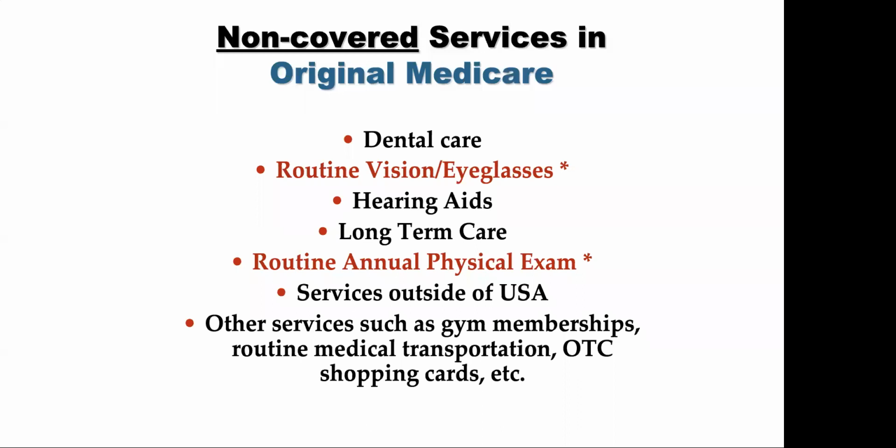During this wellness exam, the physician will review your personal medical history and your family medical history, will do your vital signs, will order any blood work if it's required, and will refer you to any specialists if necessary.